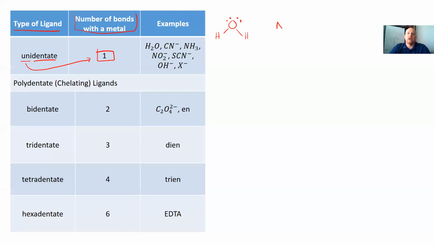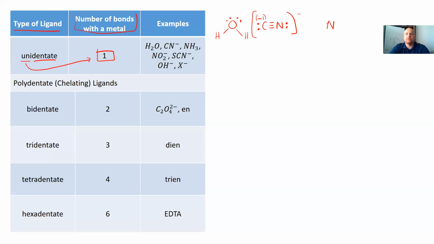If you look at CN minus, it has a structure like this, where the formal charge on the carbon is -1. This cyanide can bind through either the carbon or the nitrogen.